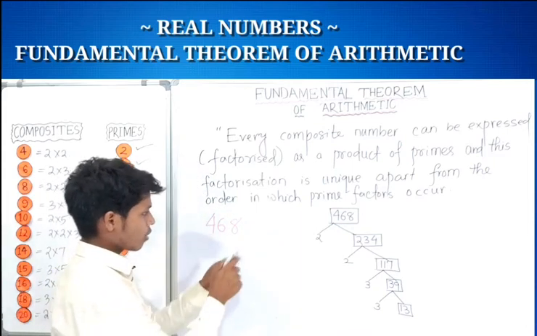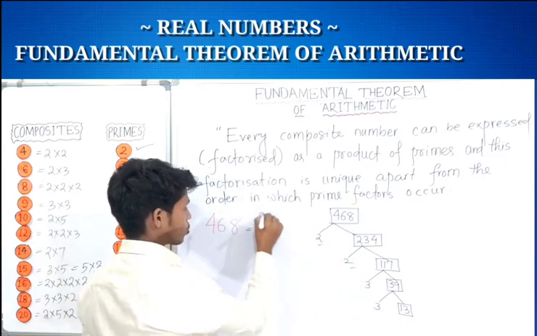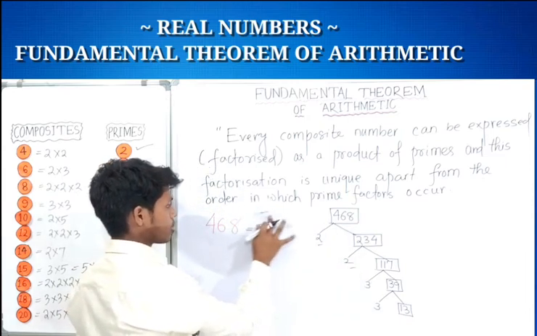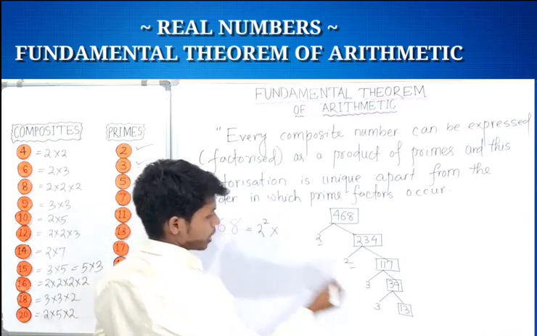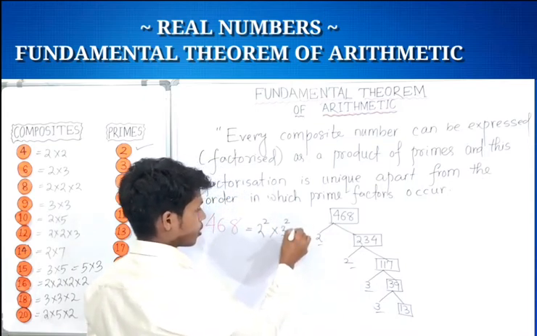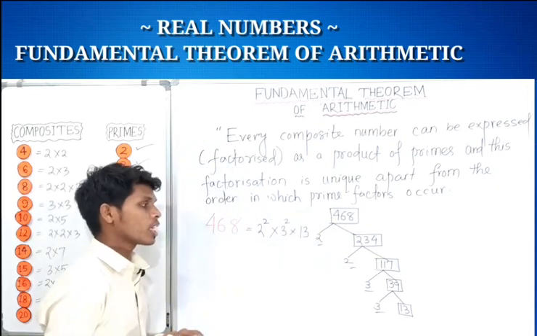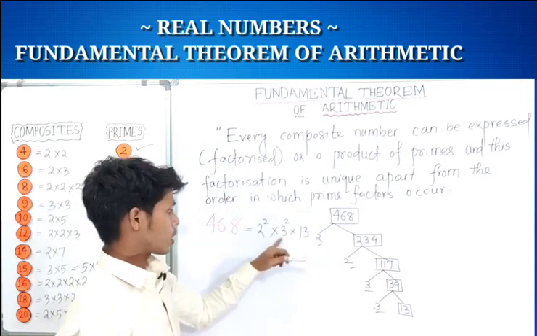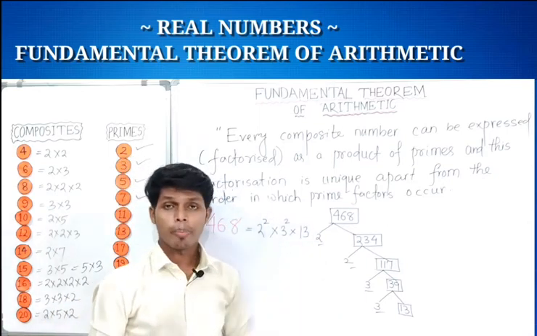So 468 can now be written as, there are 2 twos, so we can write it as 2 squared. Next multiplied, there are 2 threes, so 3 squared, into one number last, it is 13. So 468 can be expressed as the product of primes. Here 2, 3 and 13, each of them are prime numbers.